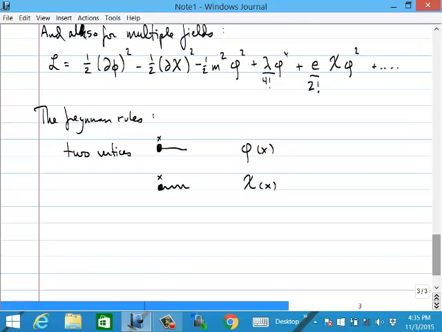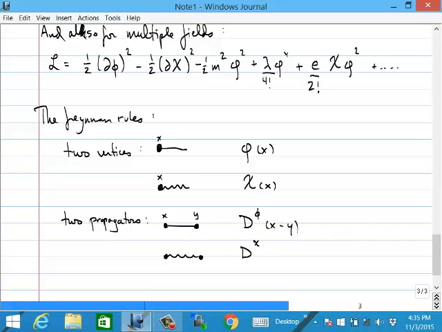You'll have 2 different types of propagators. So for example, you'll have this propagator here, which would be the phi propagator. And then you'll have your wavy line propagator, which would be your chi propagator.